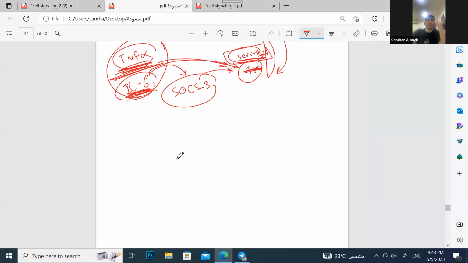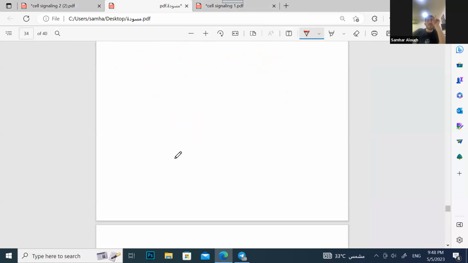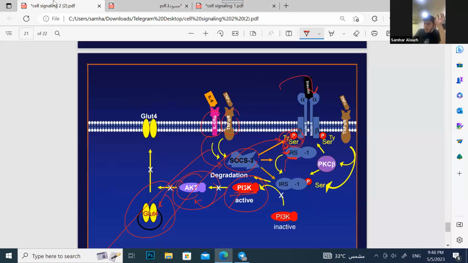The other thing is obesity. Obesity increases one of the inflammatory responses, which is TNF. So once you eat a lot and you have obesity, your TNF alpha level increases. It doesn't activate SOCS3 because it's obesity now. It's different than inflammation. Obesity increases TNF alpha. TNF alpha activates something called protein kinase C beta.